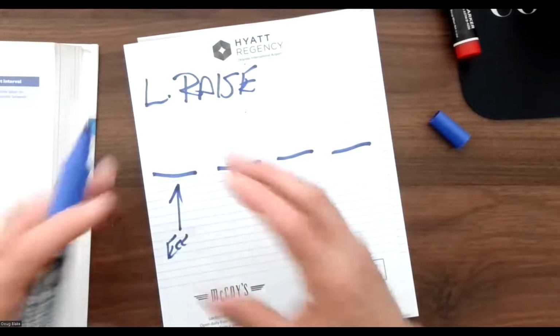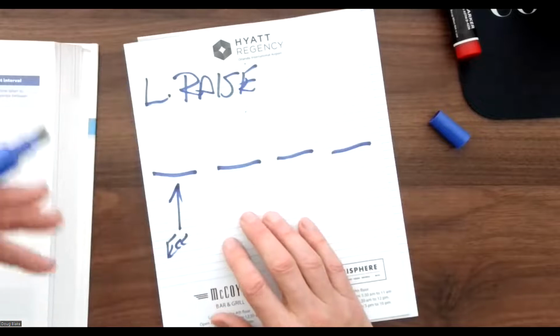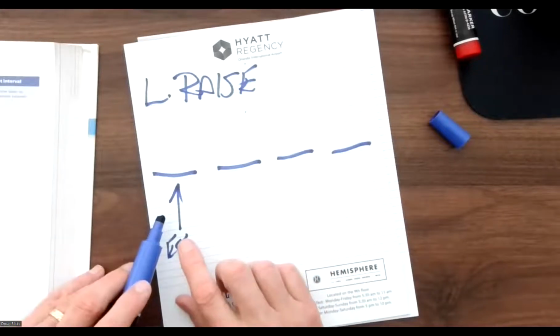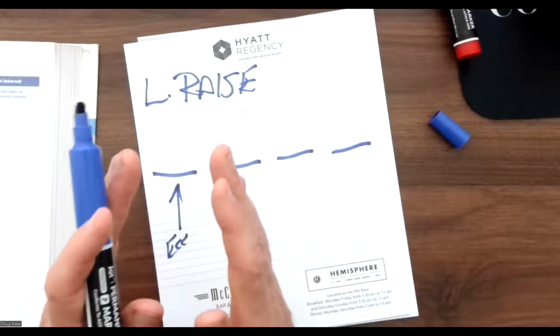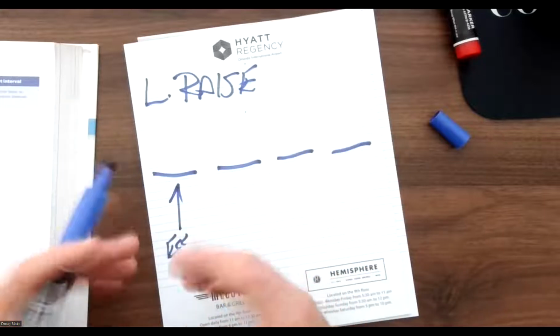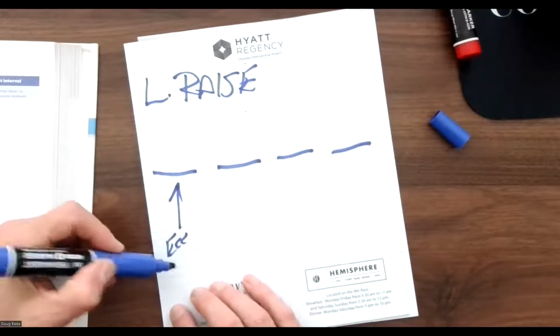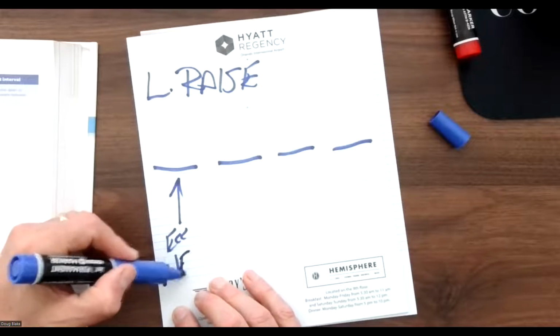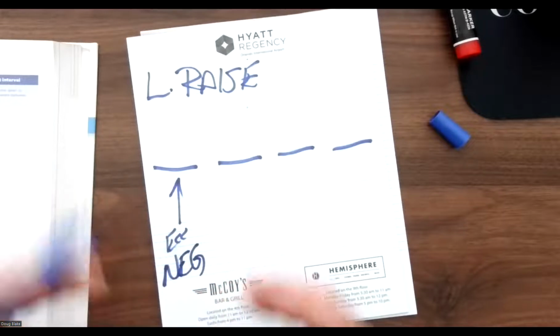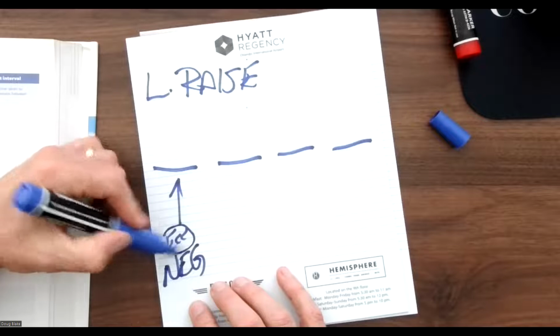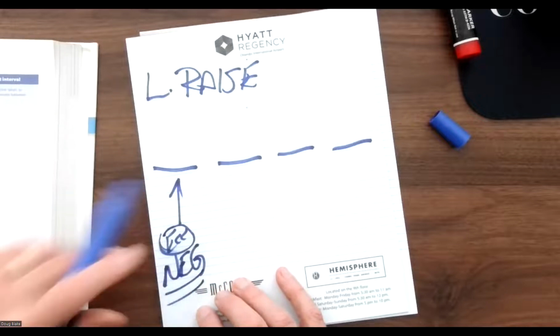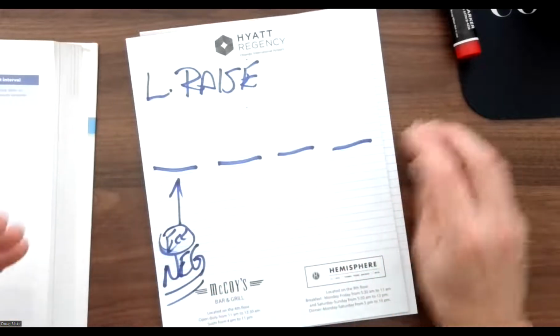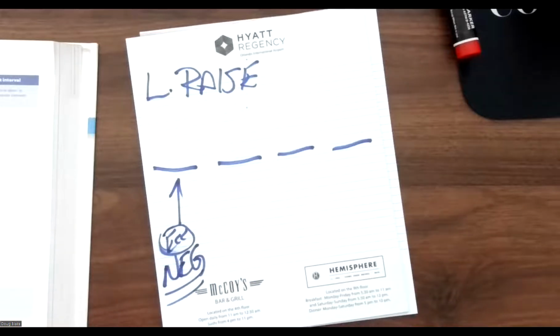See how I'm throwing this in at the same time, and I'm saying this out loud. The eccentric is when the muscle does what? Lengthens under tension, right? So that's the negative. We call that the negative. Nobody says eccentric. We always say the negative, right? Because it's way too complicated to say eccentric.